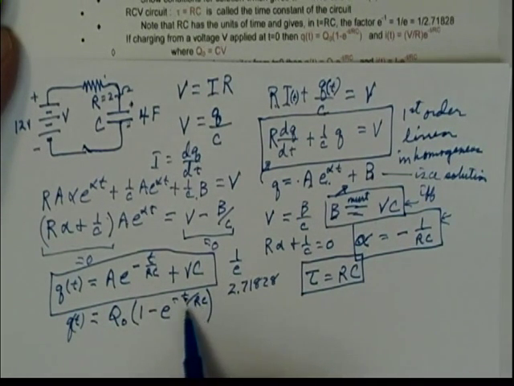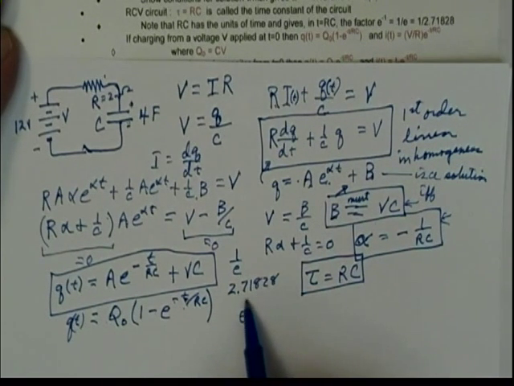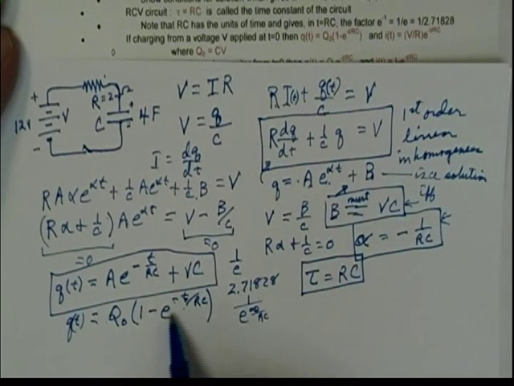So when t is equal to 0, this term here becomes 1. We have 1 minus 1, which is 0, which says originally we have no charge on the capacitor. Later on, toward t equal to infinity, this term here becomes e to the minus infinity, which is 1 over e to the infinity over RC. Well, this becomes 0, so at an infinite time in the future, this approaches 0, where originally it approached 1.